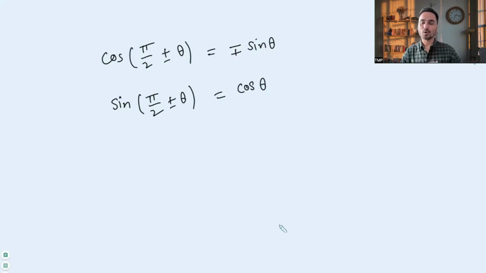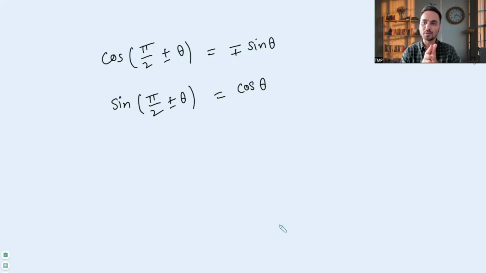So from here, you get the formulas: cos (90 plus theta) is minus sine theta, cos (90 minus theta) is plus sine theta, sine (90 plus theta) is cos theta, and sine (90 minus theta) is also cos theta.